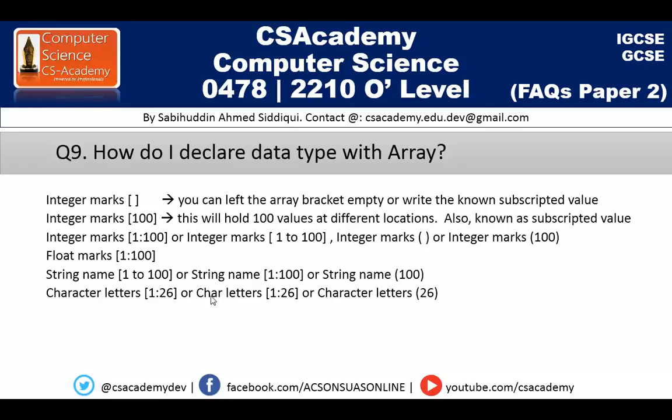But here you are declaring letters to hold a total of 26 values, or character letters 26 in parenthesis form. That means the bracket shows you the total number of subscripts being stored in letters, and the data type is character.